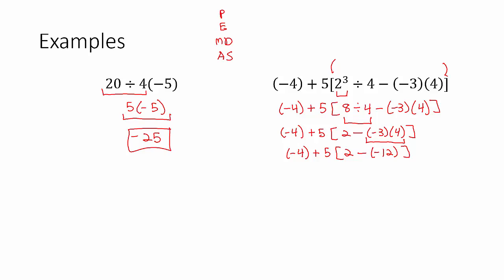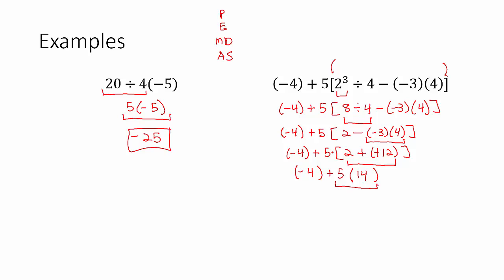Still working inside that parentheses, 2 minus negative 12, well, we add the opposite, so that becomes 2 plus positive 12. So we have negative 4 plus 5 times, keep that multiplication here, 2 plus 12 is 14. And now we're finally done with that parentheses.